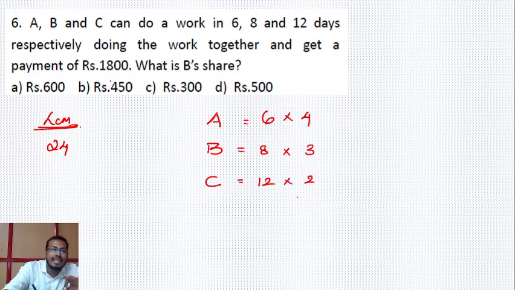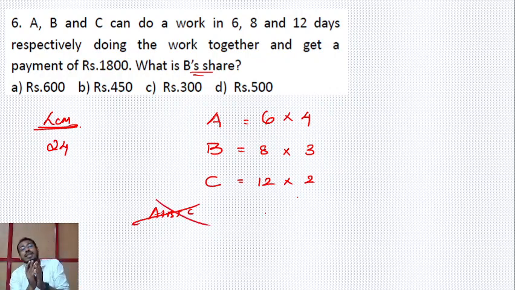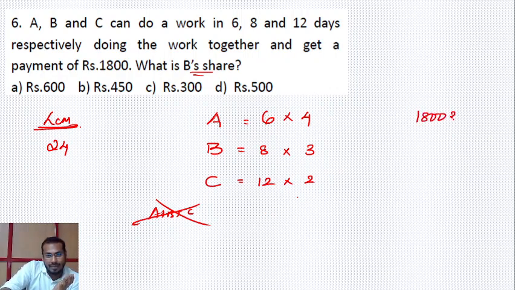And they are asking only the share. So you need not add all these numbers. You need not find A plus B plus C, all these things. So listen, what is the question asked? Don't waste your time. So now I have 1800 rupees. I need to share this among all these three. One side it was days and the other side it was one day's work.